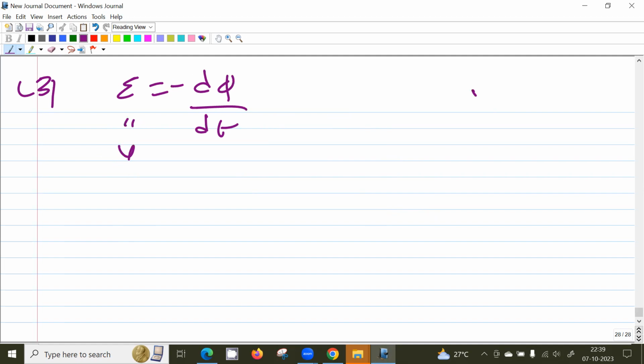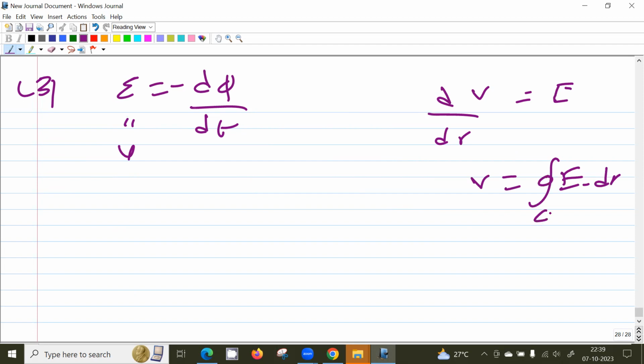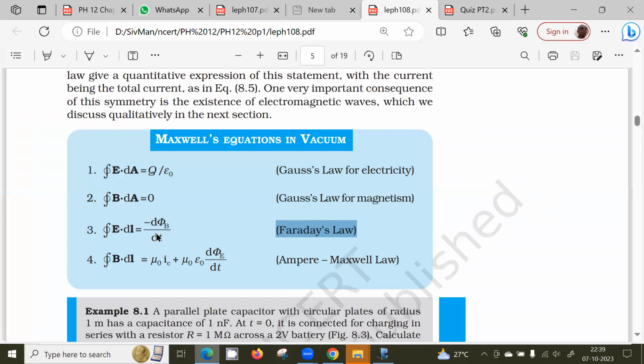Voltage and electric field are related as a gradient, d by dr, so V is the integral of E dot dr. This is a line integral along a contour, the integral of E dot dl. This is the voltage, which is d phi by dt. This is Faraday's law of electromagnetic induction.